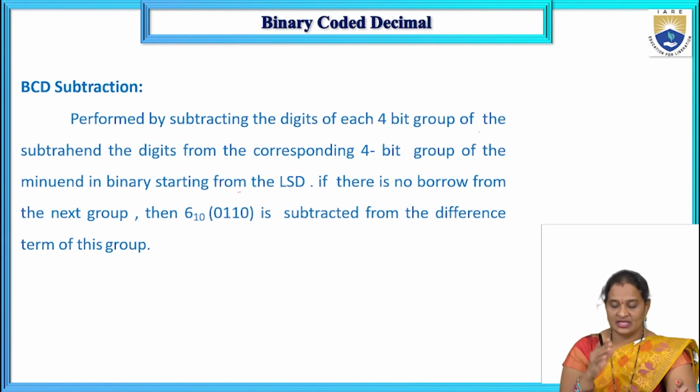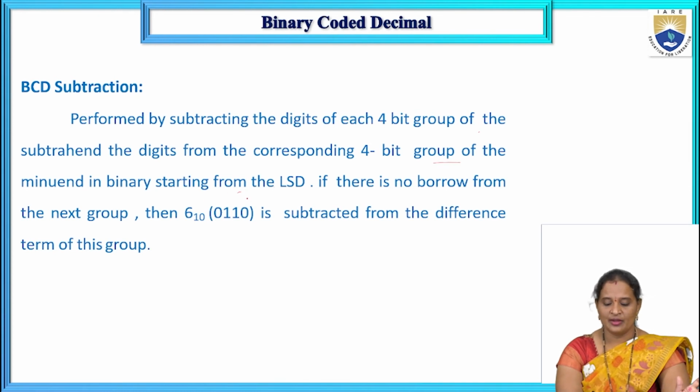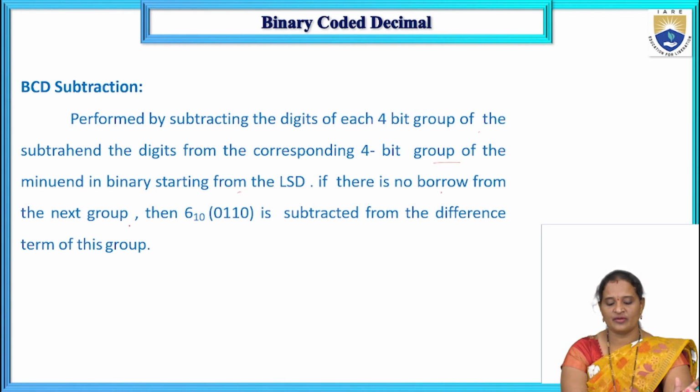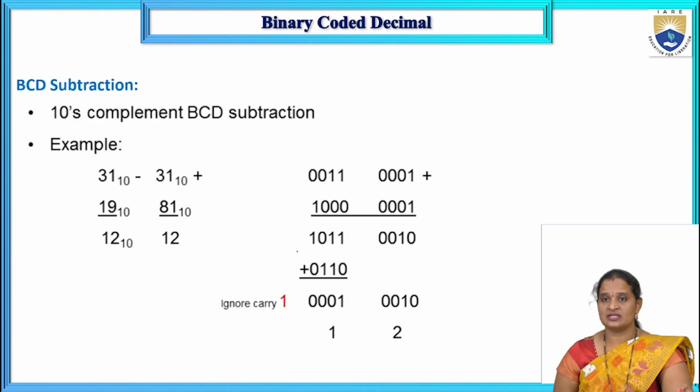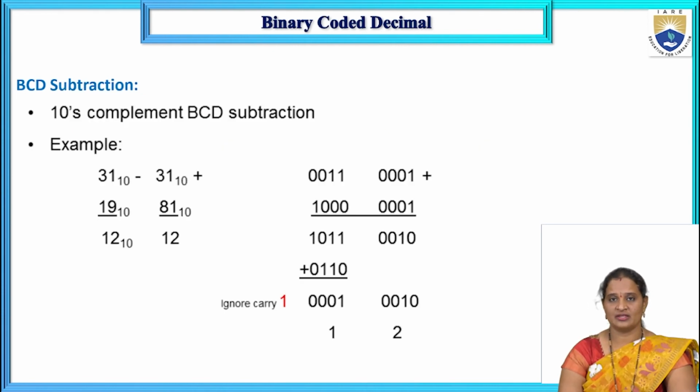So when performing the subtraction, if we are not taking a borrow from the next group, then just subtract the 6 from the difference.